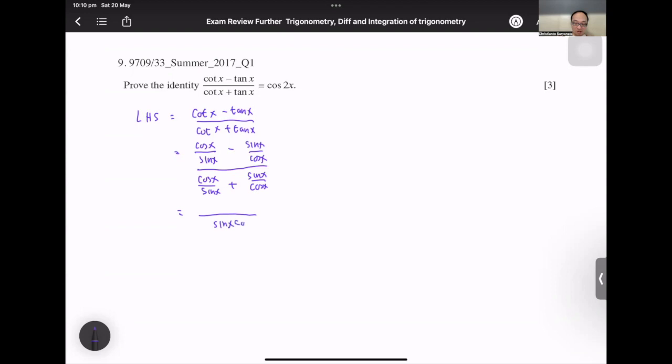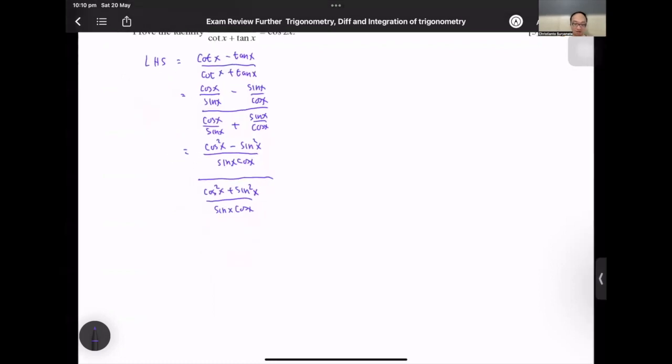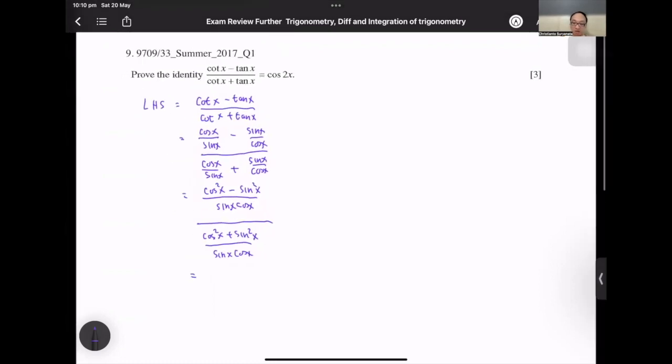Sin x cos x. So this becomes cos square x minus sin square x. And for the bottom, the same, we make the denominator the same, sin x cos x. It becomes cos square x plus sine square x. Now, because we want to find the double angle here, we have to use the double angle formula.